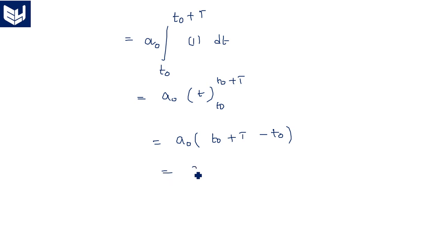So t naught cancels, and we have a naught into capital T, which equals the integration t naught to t naught plus capital T of x of t dt.